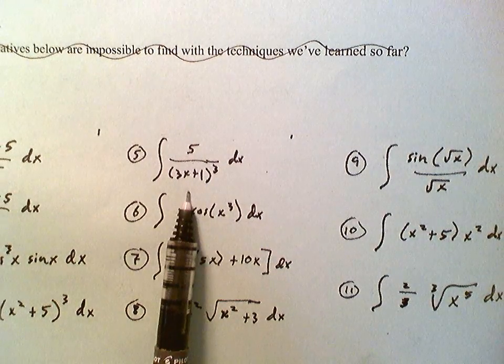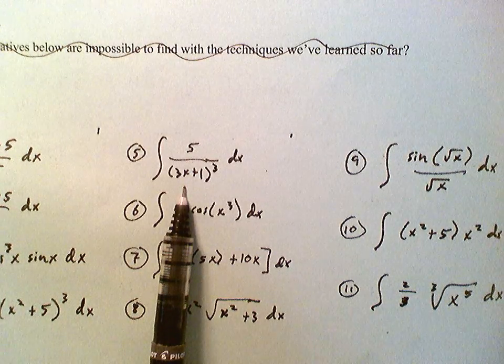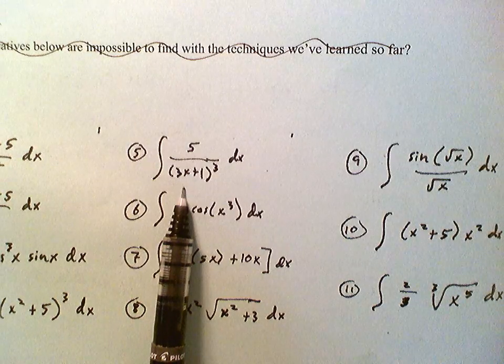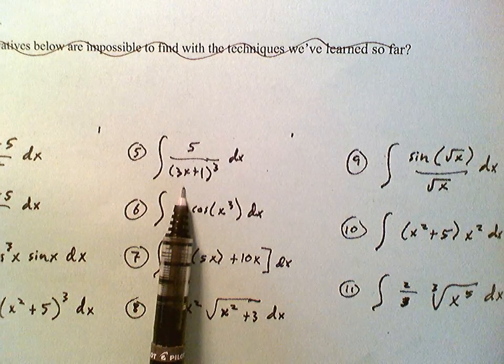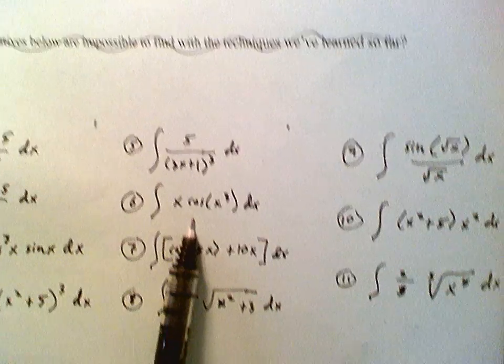This one here, you cannot use power rule on this. There's no way of rewriting it in the form of terms a x to the n. This one here, same, can't do it.